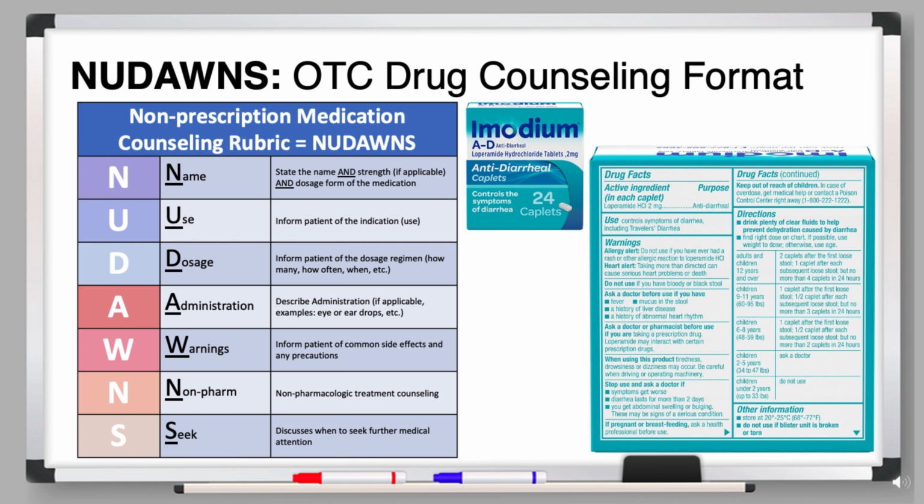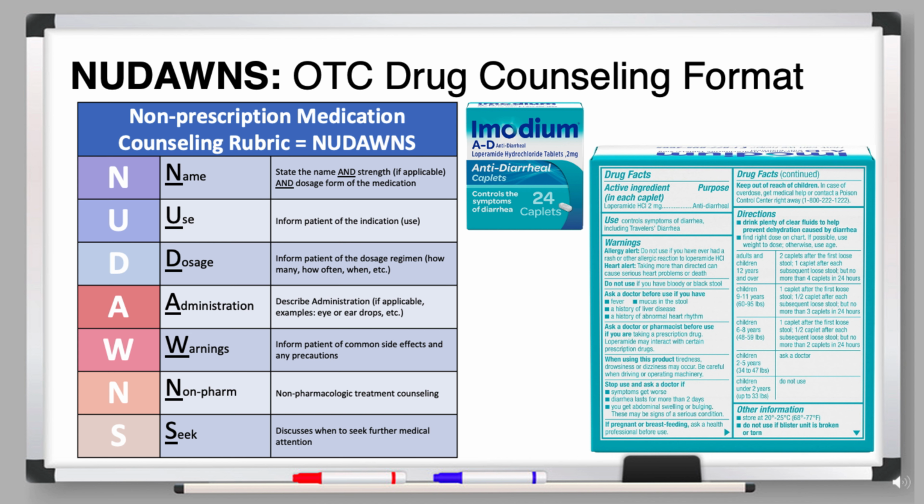I want to end this presentation by summarizing the NUDAWNS counseling format and then giving you a specific example to listen to from beginning to end. So to summarize, NUDAWNS, N-U-D-A-W-N-S, is an organized format in which to convey important counseling information to a patient about a non-prescription or over-the-counter medication.